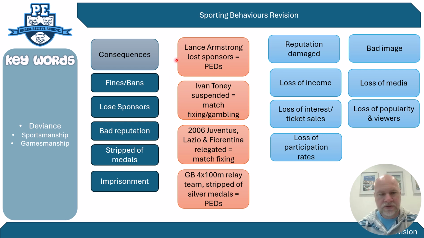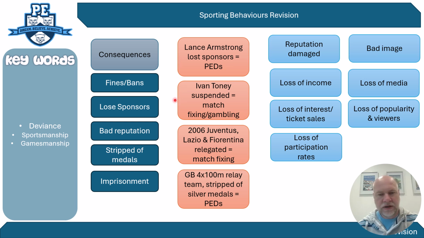So Lance Armstrong was a Tour de France cyclist, one of the world's most famous and most successful in history. Essentially it came out that he was on performance enhancing drugs, and he lost his sponsors as a consequence.